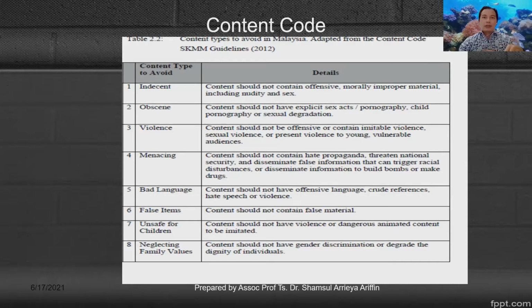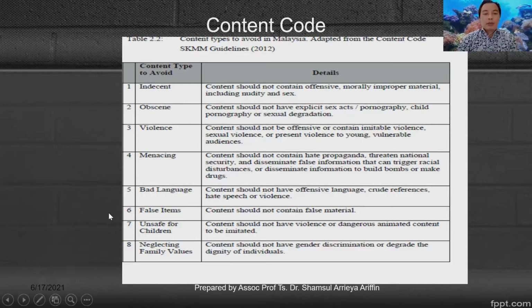You can also refer to KKM, Kementerian Kesihatan, and I think MCMC has provided this website called Sebenarnya, and you can refer from there. I also refer to the news from RTM or Astro Awani. They can highlight those false content.